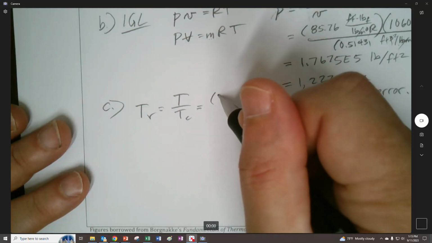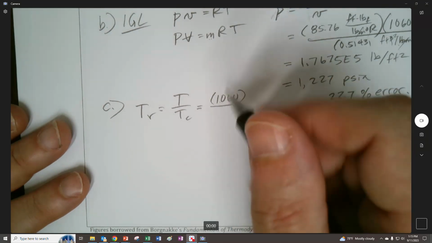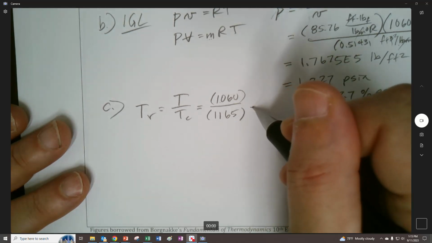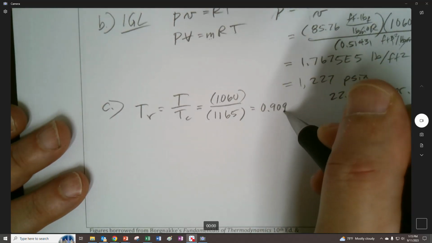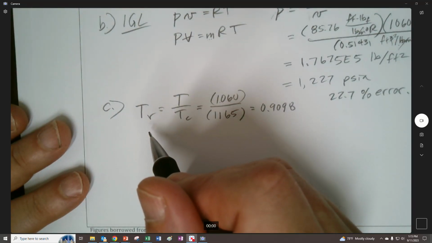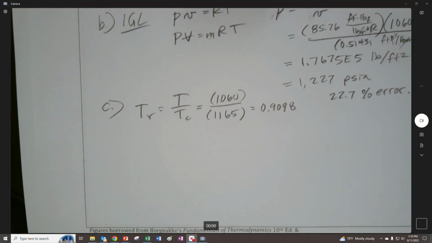So we're going to get 1060, that's the 600 in Rankine, divided by the critical 1165, so we're really darn close, 0.9098. And here's where things get weird. We can look up what the critical volume is going to be, possibly out of the first table in there. And this is for water, right? This is for water.